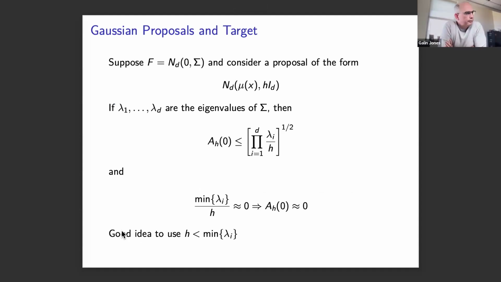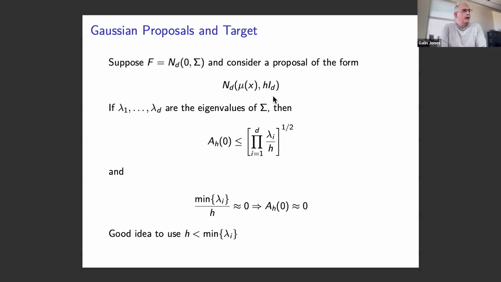Another toy example that just shows how we can explain how Metropolis-Hastings can fail, even though I think we've probably all seen this in applications, is now suppose that our target distribution is also just a normal with mean 0, that's just for convenience, and some arbitrary covariance matrix sigma, which is not the covariance matrix from the asymptotic normal distribution I was talking about before.